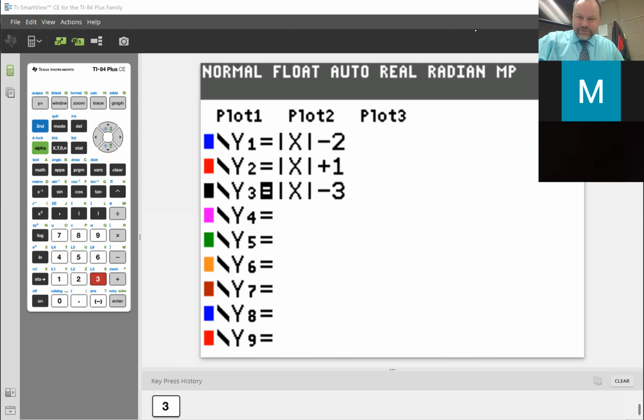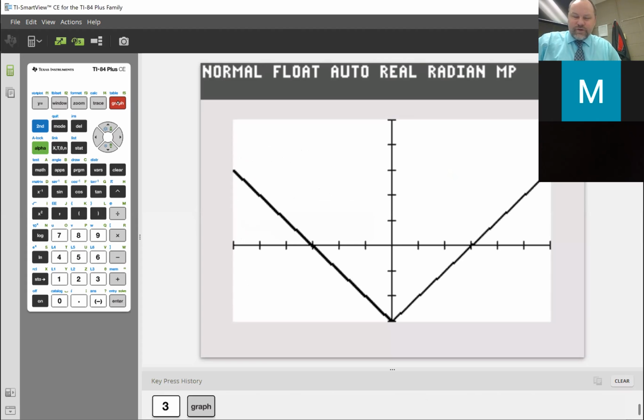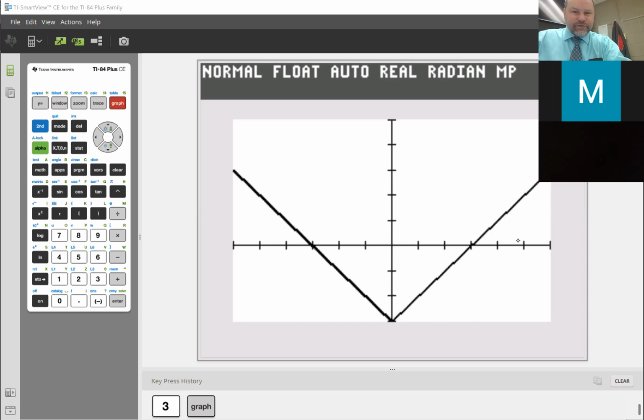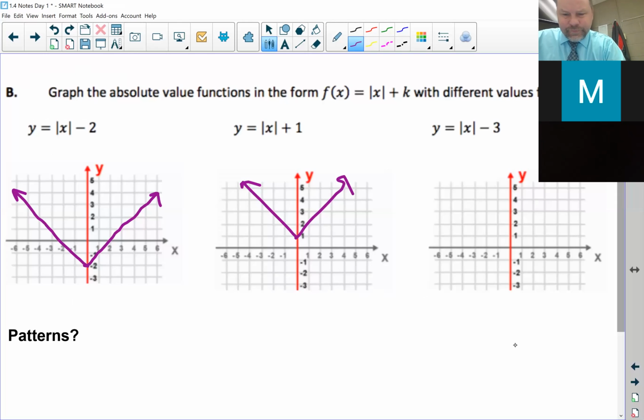All right, excellent. So there's our graph for absolute value of x minus 3. So we'll jot or sketch that in our notes.